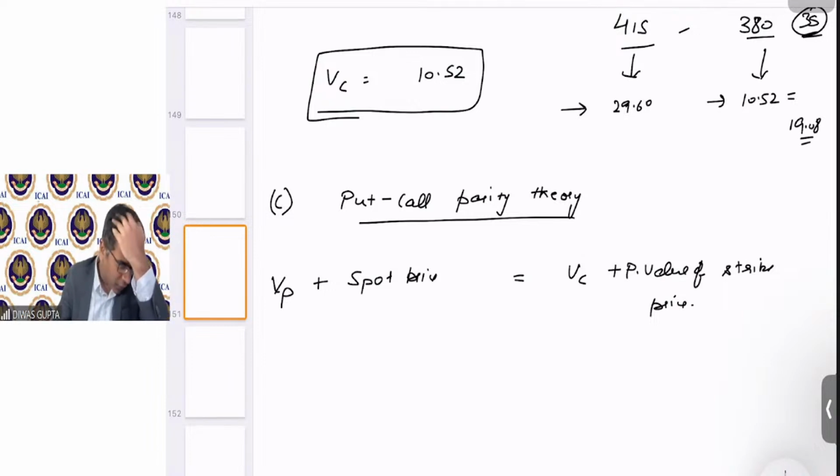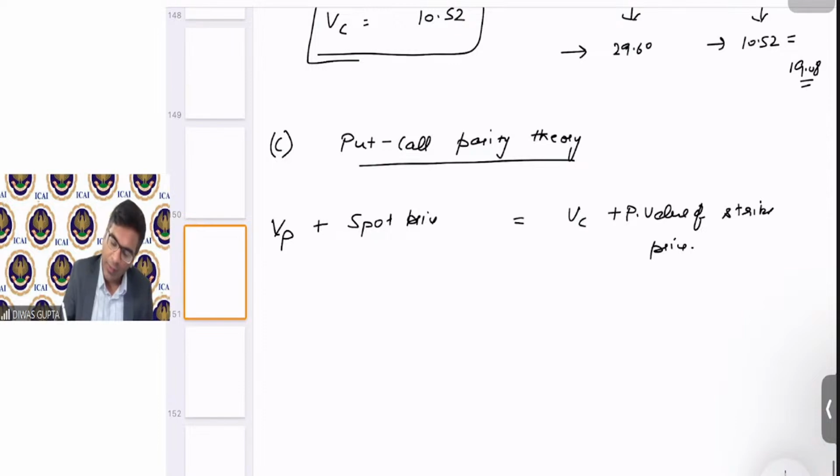This is using the put call parity theory that we discussed yesterday. Investor 1 and investor 2 have different initial cash flows, however they will be getting similar cash flows at the end of the tenure for which they are holding the portfolio. So why would their initial cash flows be different? Correct? So then we said that initial cash flows would always be equal.